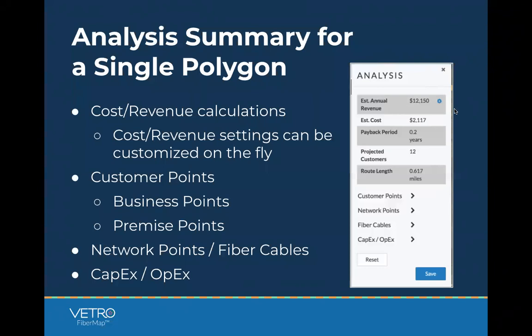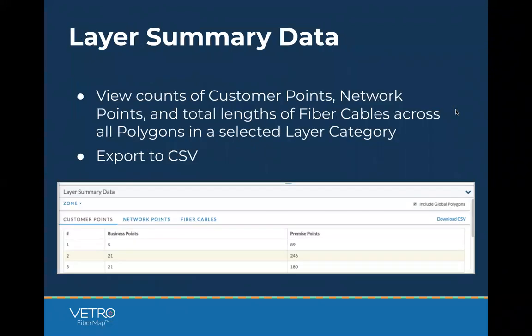So getting on to the analysis summary. The first thing that you need to do here is to select your polygon categories, say zones. And from here, we'll see counts of the customer points, network points, and the total lengths of fiber cables. And so this is all available to be exported to CSV.